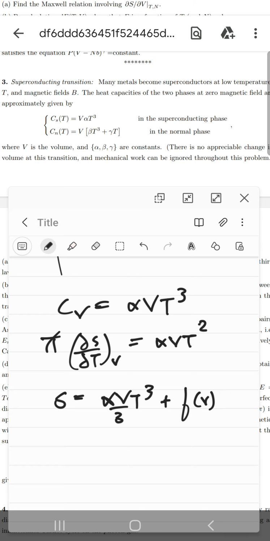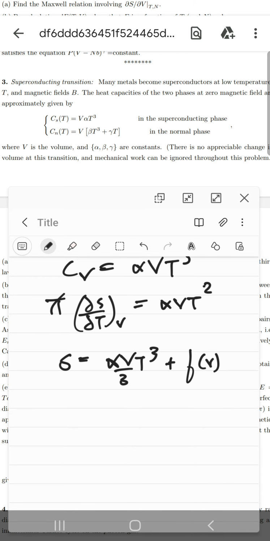But then you know that the derivative of entropy with any variable other than temperature at T equal to 0 should be 0. So what that implies is that this is basically a constant. You just have plus S naught, and for our case we'll just assume that that is actually 0. So yeah, S is alpha V T cubed upon 3.